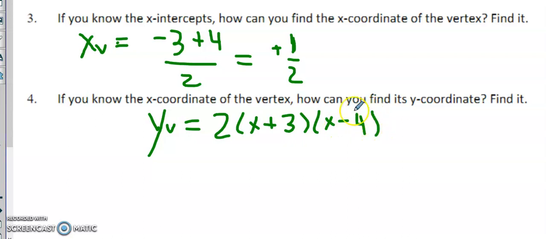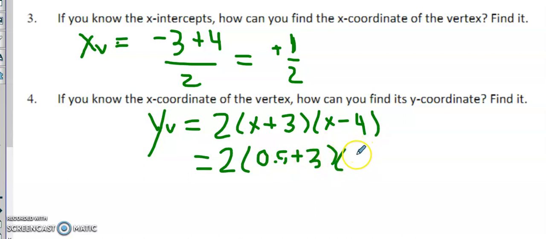And what we're going to do is replace the x value in each of these with their answer. So I'm going to put that as 0.5 instead of 1/2. Oops, that's 0.5 minus 4. Sorry about that.